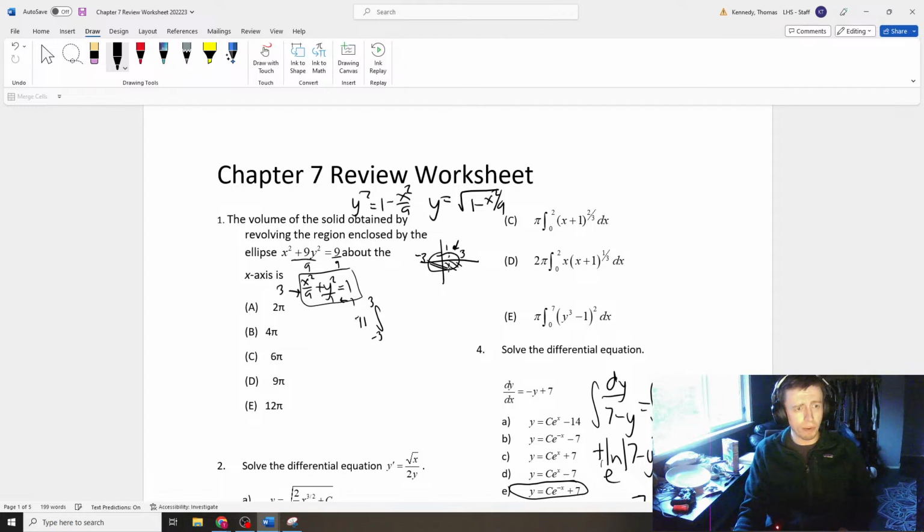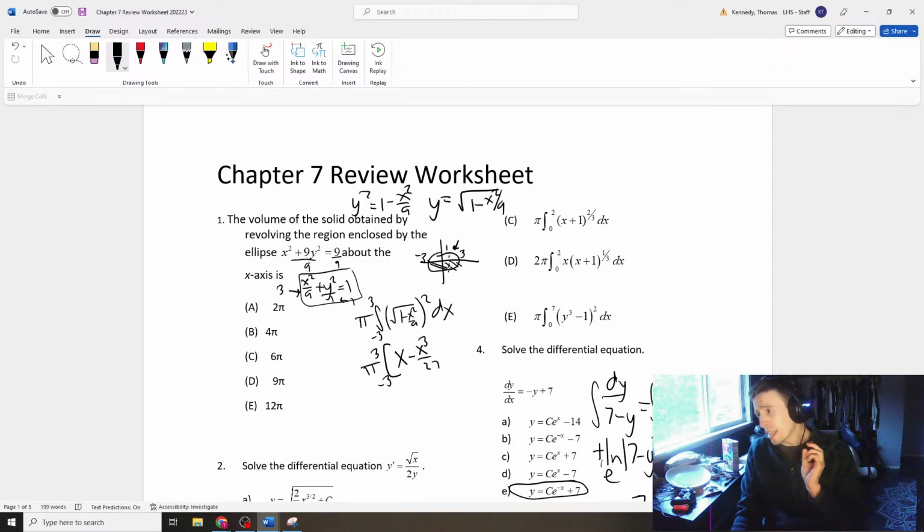It's pi because we're revolving, and our radius is just the height of this square root function. So it's going to be pi times the integral of the square root of 1 minus x squared over 9, squared, dx. And the square root and the squared cancel. So when I integrate this, I just get x minus x cubed over 27, plugging in the bounds -3 and 3.